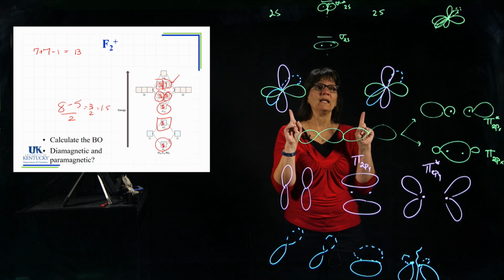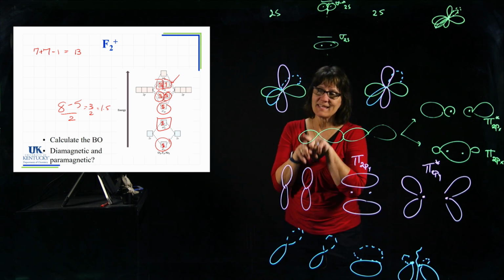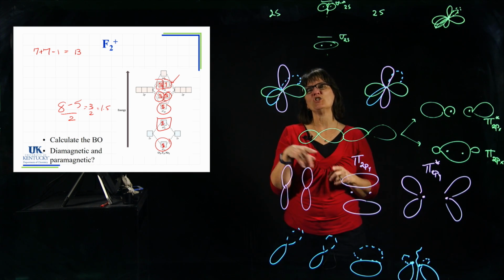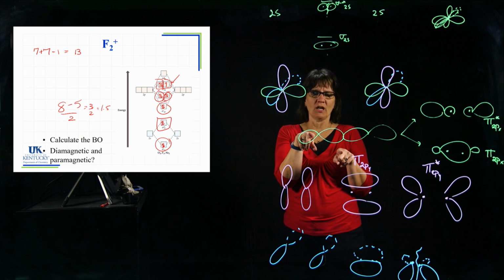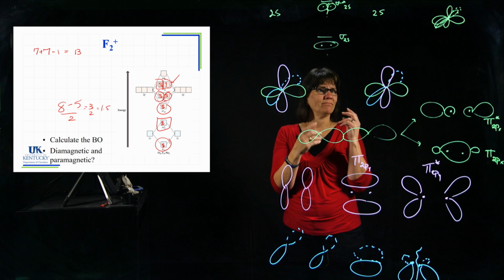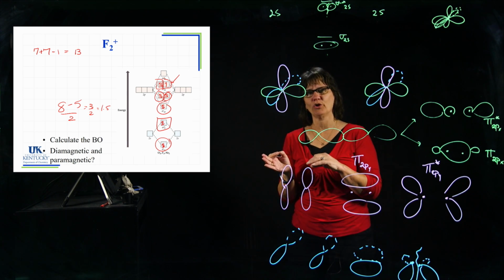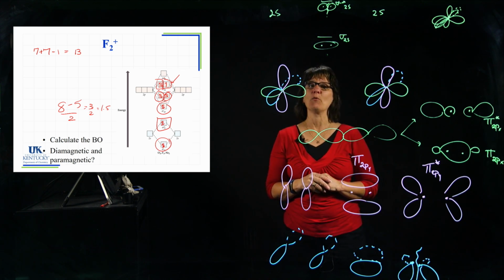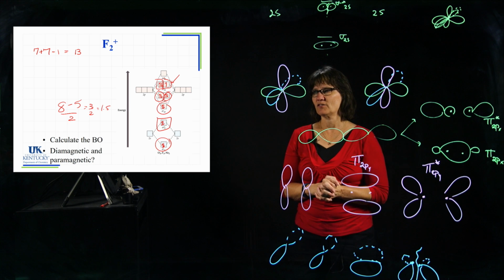We're also making it simple by keeping the 2 atoms that are mixing be the same atom. Because if you bring in a 2p orbital from fluorine and a 2p orbital from oxygen, they have different energies, and when they mix, different things happen. So we won't have what we call heteronuclear diatomic molecules. They will be homonuclear, of the same atoms, keeping it simpler.